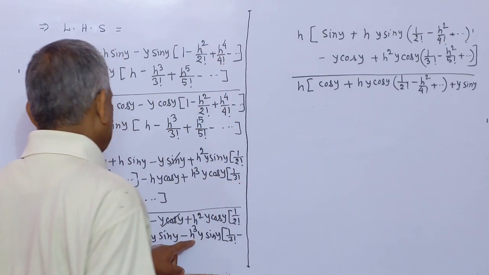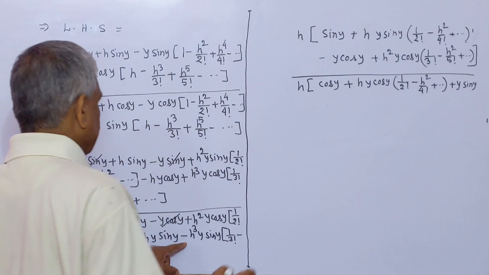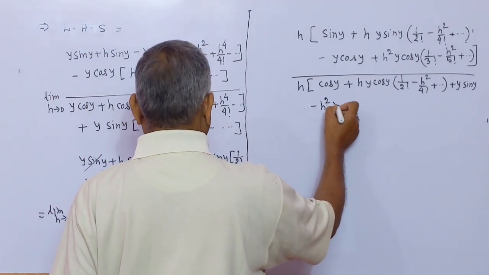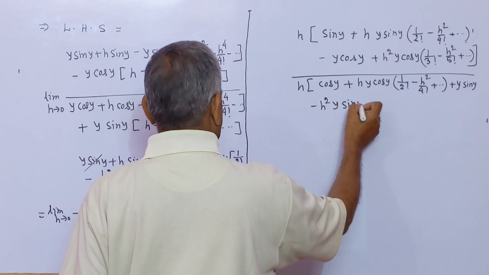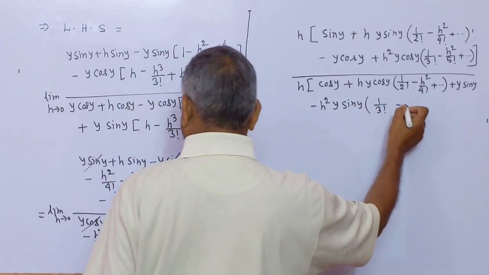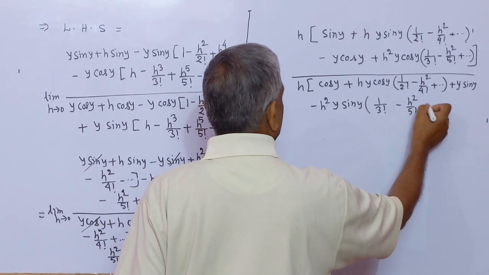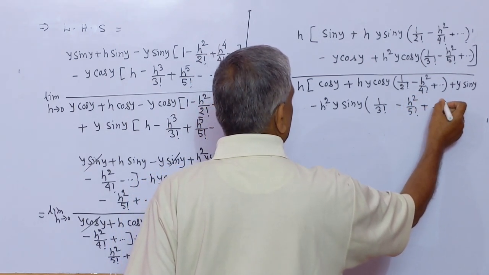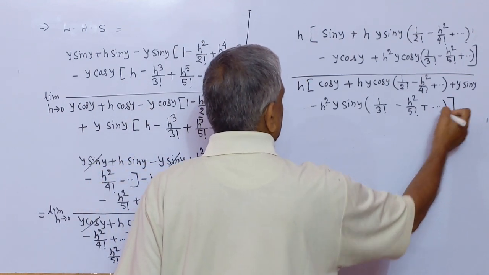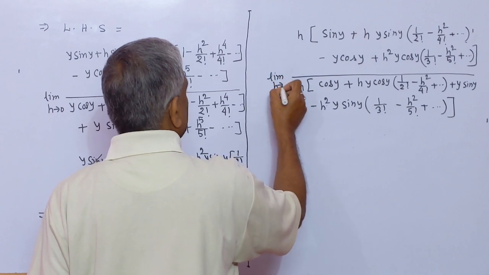Here h cube, already we have taken common h, so here remains h square y sin y (1 by factorial 3 minus h square by factorial 5 plus dot dot dot dot), and bracket closed. Here limit h tends to 0.